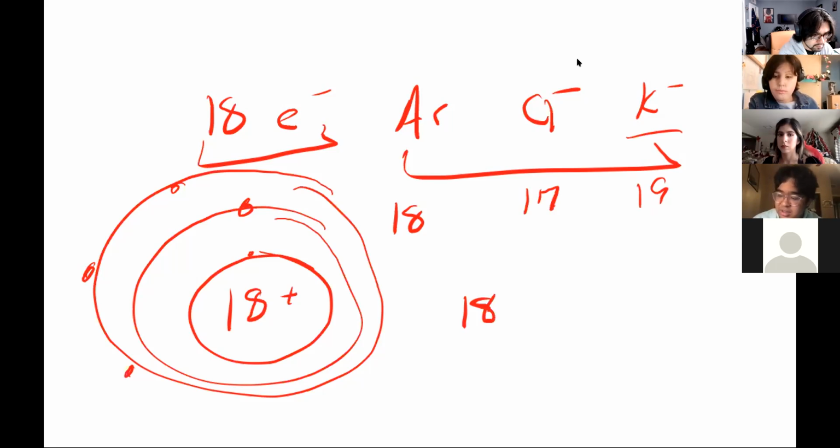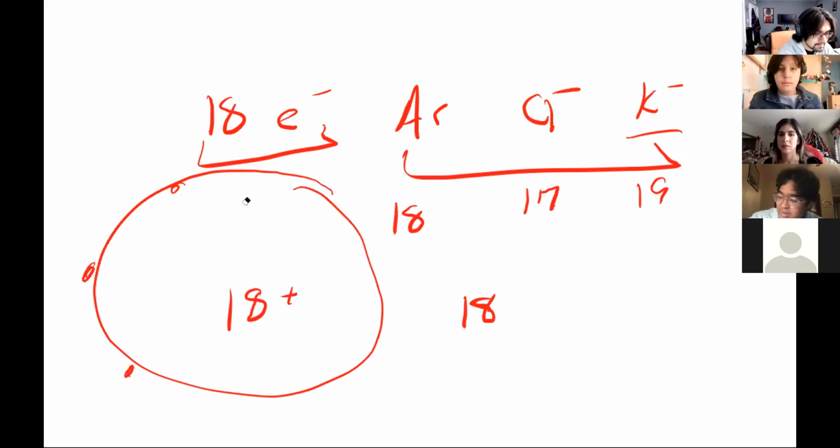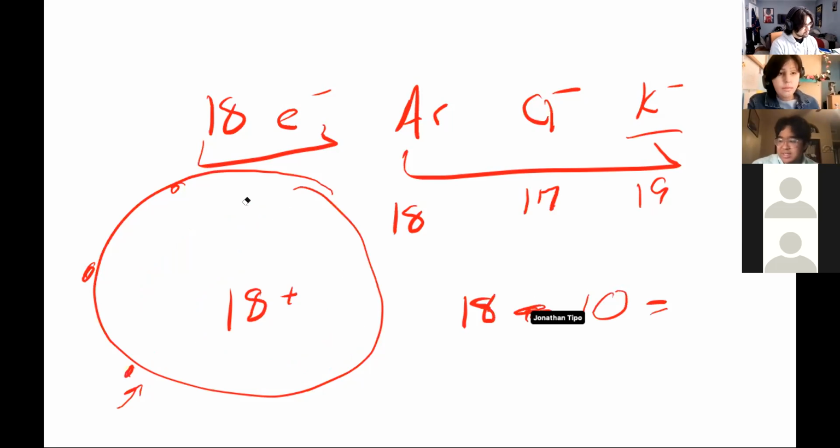We have 2 electrons in the first shell, then 8 electrons in the second shell, for a total of 10 electrons that are not on the outermost shell. I'm sorry, I'm botching this explanation. So we just subtract those: 18 minus 10. Our effective nuclear charge would be 8.